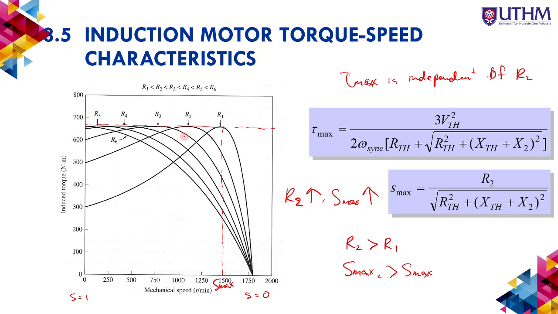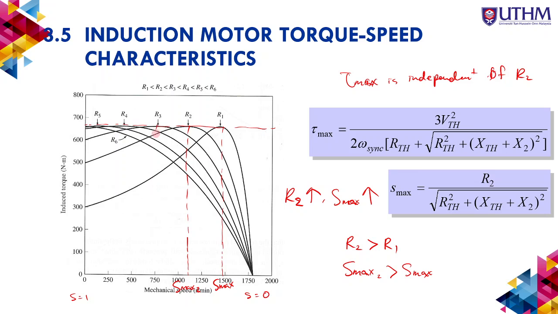So you can see over here that the value of the torque is still the same. The pull out torque, the maximum torque, is the same. However, the difference is the value of S max, S max 2.